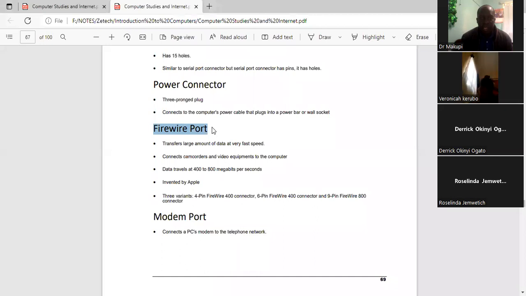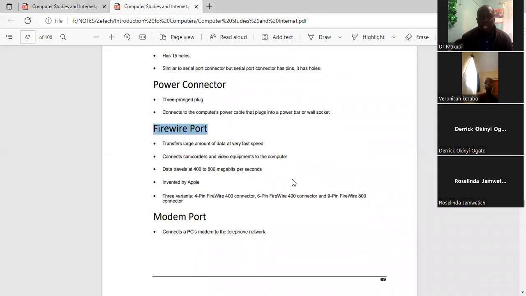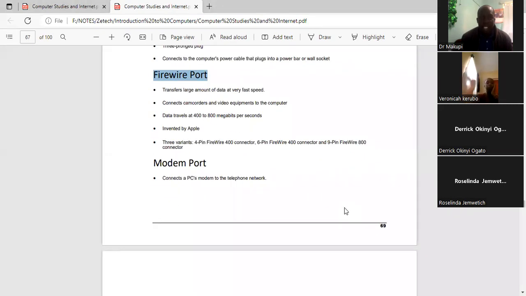Another very important port you need to take note of is the FireWire port. These normally come with Apple machines. It is a very innovative technology from Apple, which allows data to travel from 400 to 800 megabits per second, very high speed. That explains why, if you go to a broadcasting house where data is required to travel very fast and delay is not allowed, the machines used there are actually Apple machines.